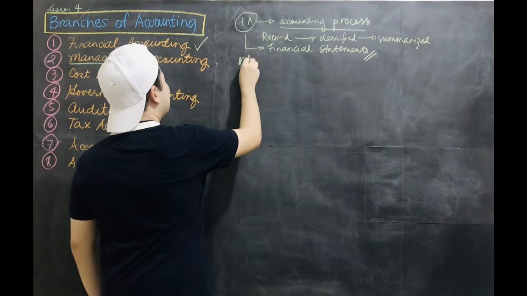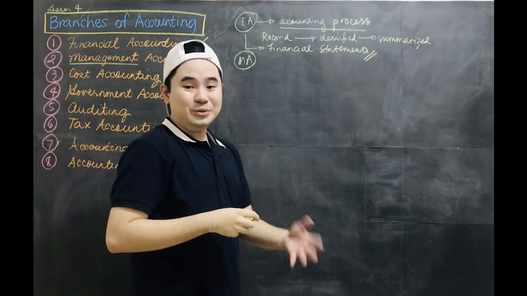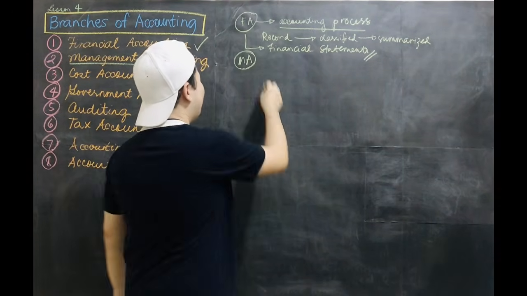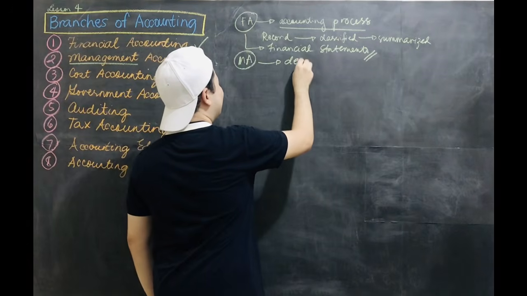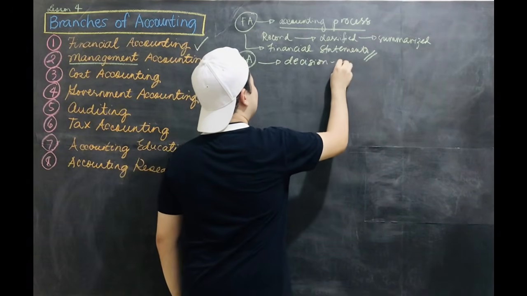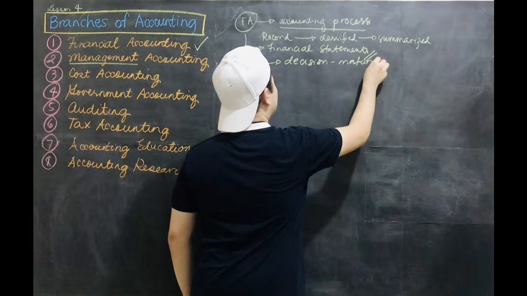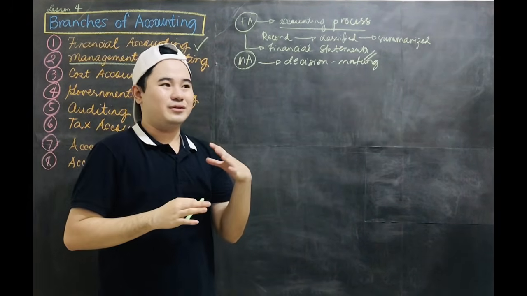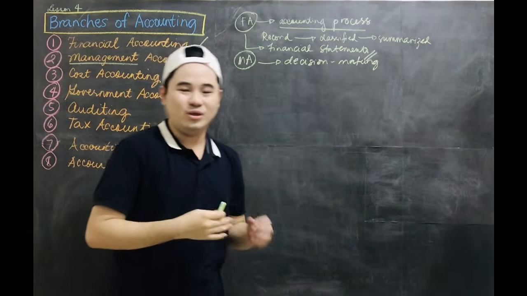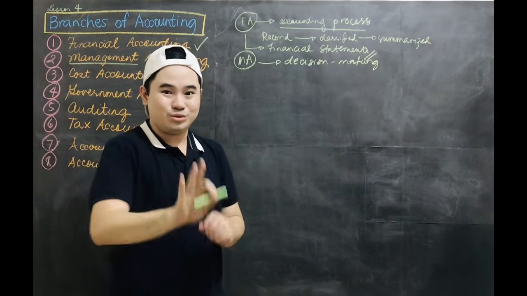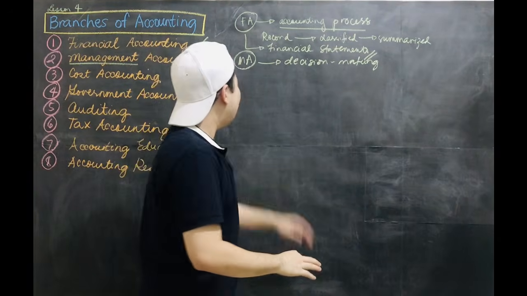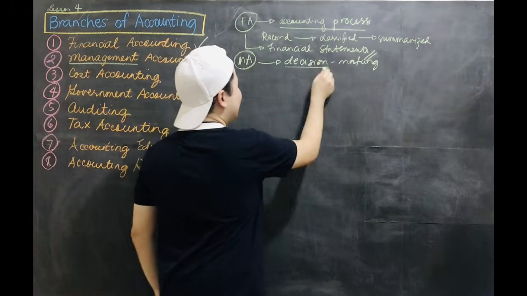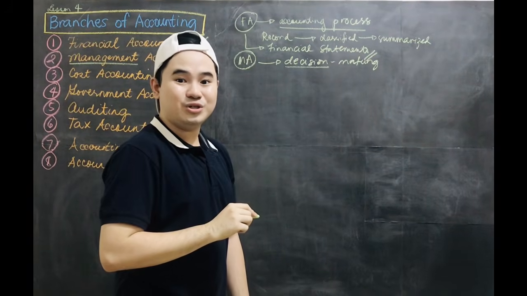In management accounting, our outputs are primarily used by the management for managerial decision making. So what are the things that we need to strengthen? What are the things that we need to stop doing? Basically, what we do in management accounting is decision making for the managers and owners of a company.